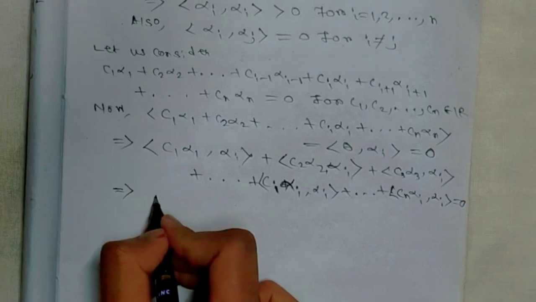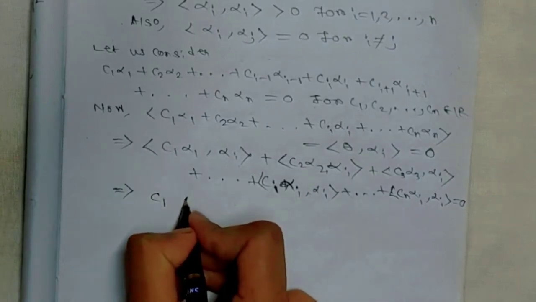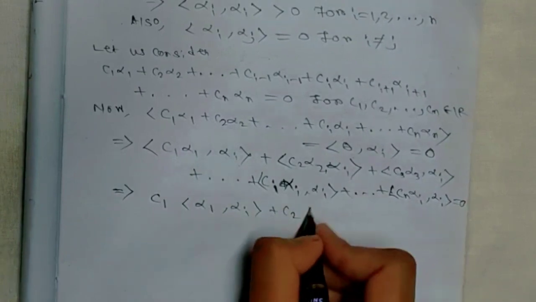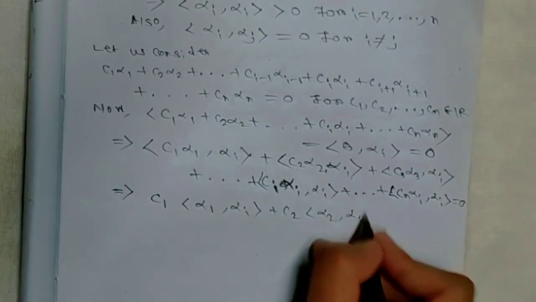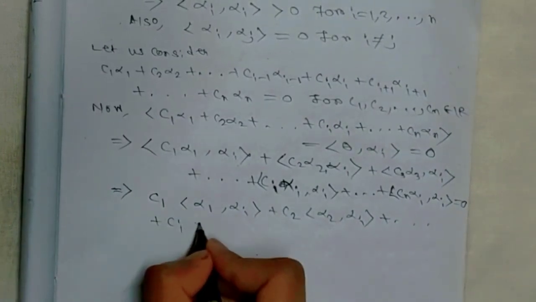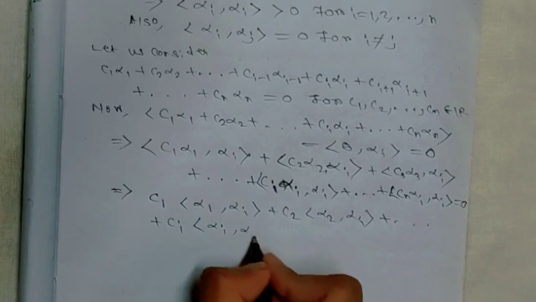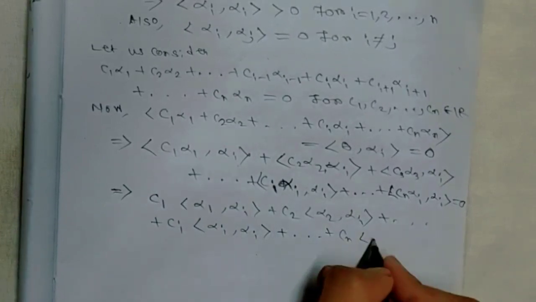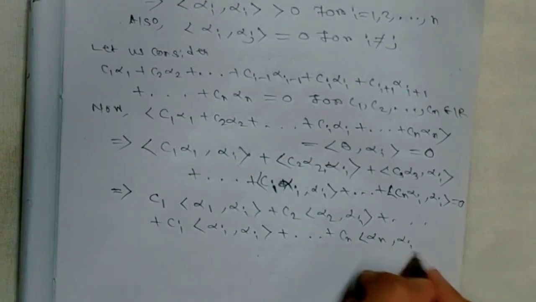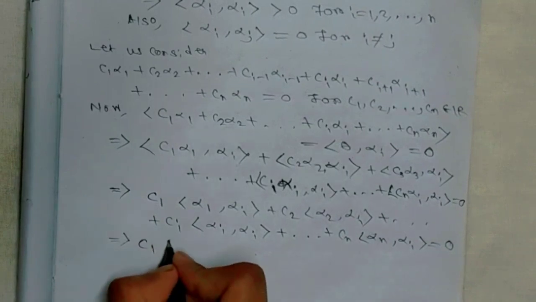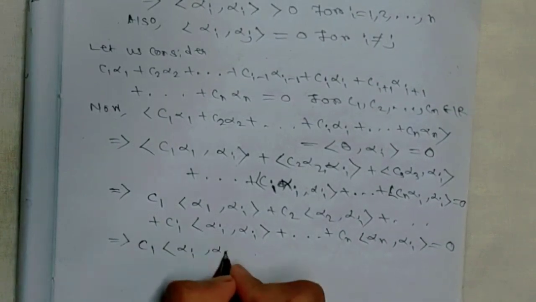That implies c1 times the inner product of alpha 1, alpha i plus c2 times the inner product of alpha 2, alpha i plus ... plus ci times the inner product of alpha i, alpha i plus ... plus cn times the inner product of alpha n, alpha i equals 0. That implies ci times the inner product of alpha i, alpha i equals 0.